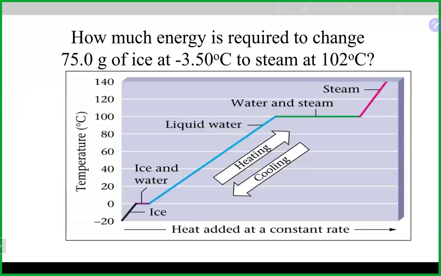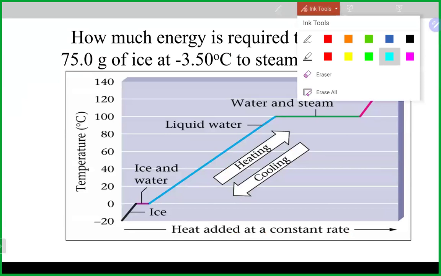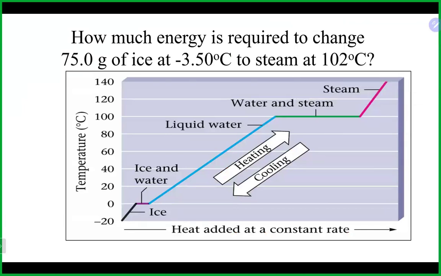All right, so we want to figure out how much energy is required to take 75 grams of ice from minus 3.5 degrees Celsius to steam at 102 degrees. So we're starting right here, and we eventually want to get all the way over to there.